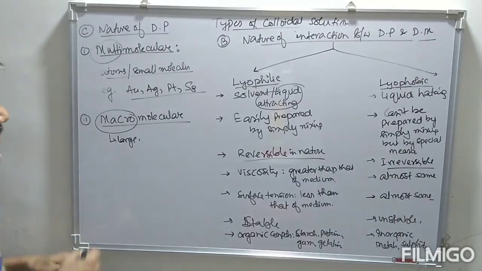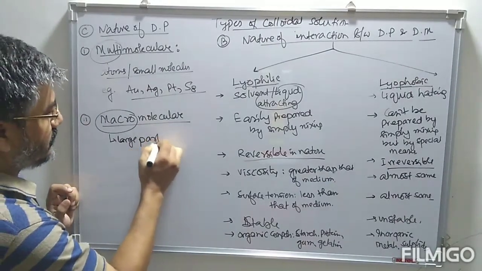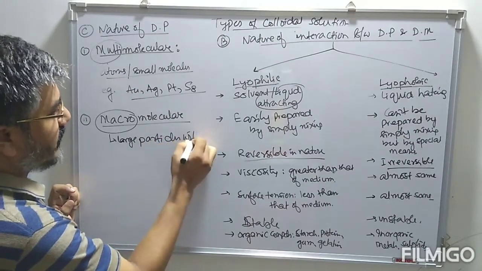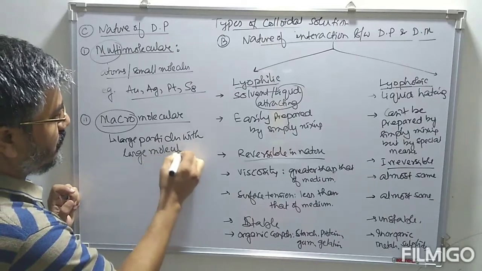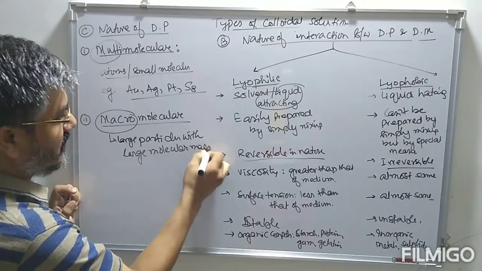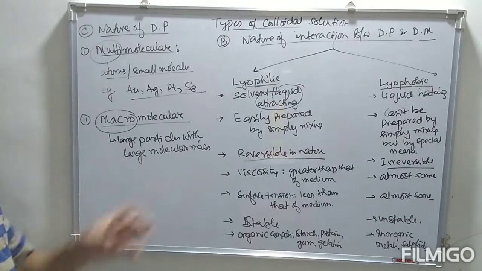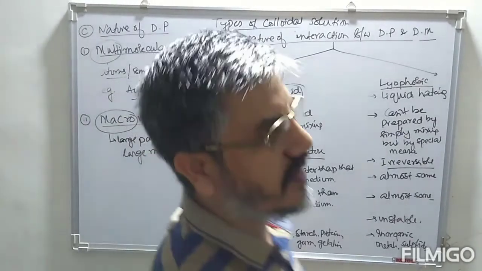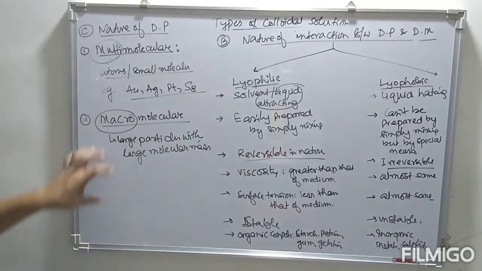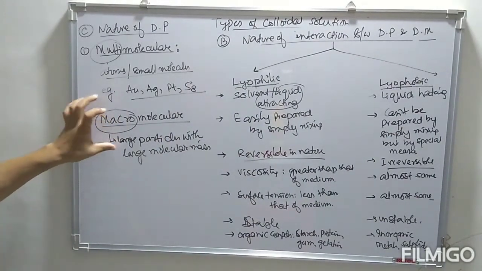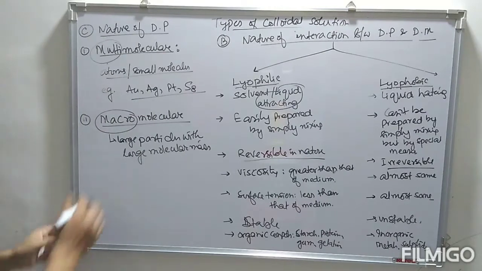So large particles with large molecular mass, if they are dispersed and this forms colloidal solution, then that type of colloidal solution is classified as macromolecular colloidal solution.